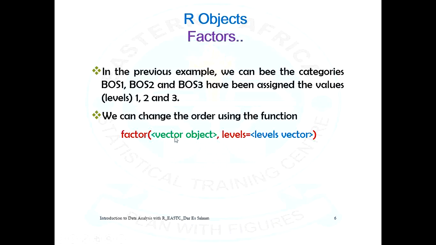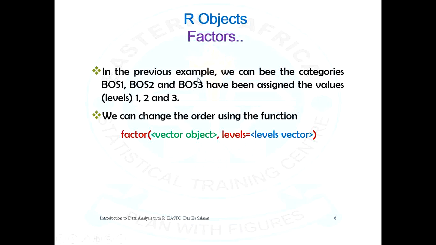So you simply type factor, put your factor variable, and then with the command levels, you specify how you wish your levels to be captured by R, not the default one. By default, it was 1, 2, and 3 for both 1, both 2, and both 3 respectively.